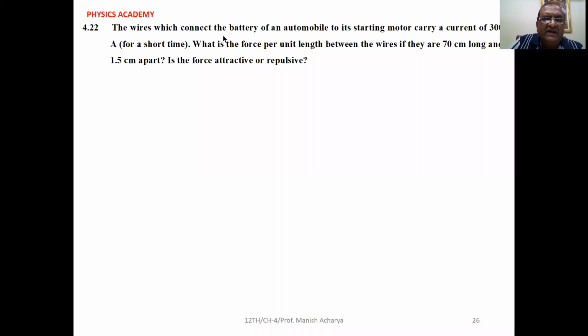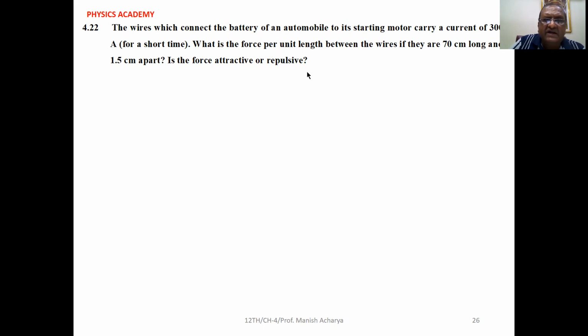4.22. The wires which connect the battery of an automobile to its starting motor carry a current of 300 ampere for a short time. What is the force per unit length between the wires if they are 70 centimeter long and 1.5 centimeter apart?